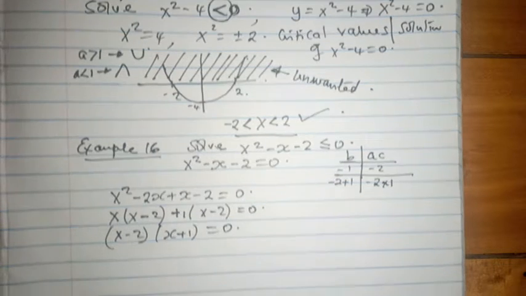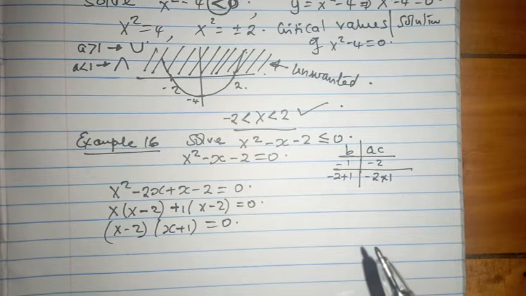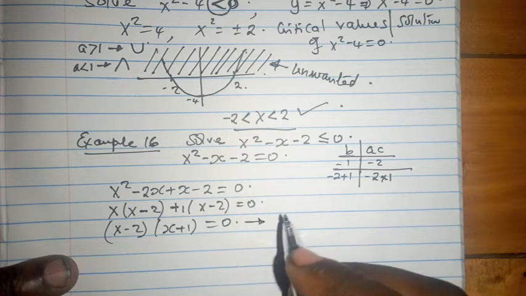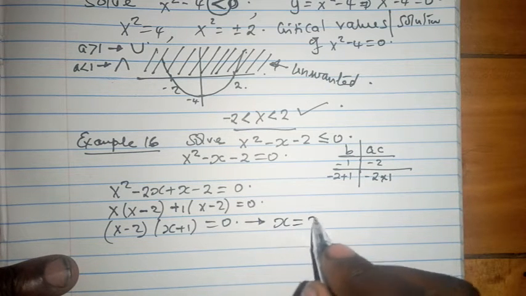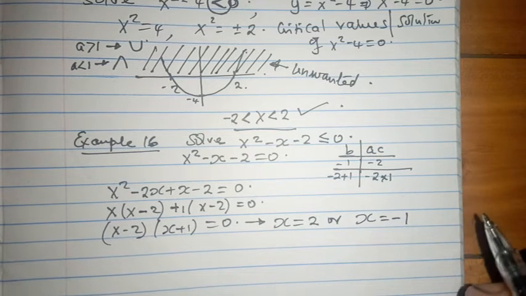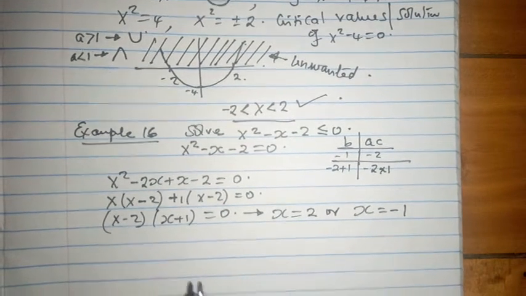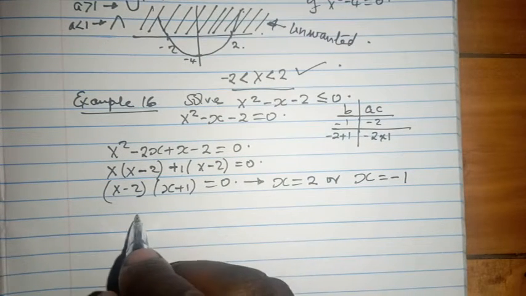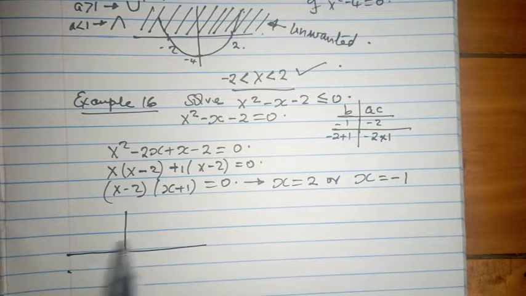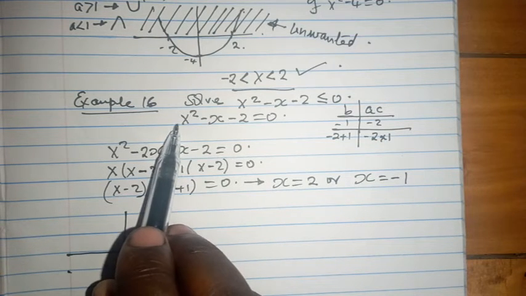We are now looking for the critical values, or rather where the graph cuts the x-axis. At this particular point, you would clearly see that x is equals to 2 or x is equals to negative 1. Again, as we sketch this graph, it's important to realize the graph is a U-shape simply because you can see A is greater than 1.